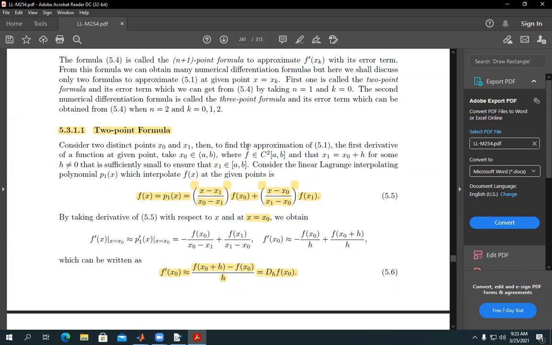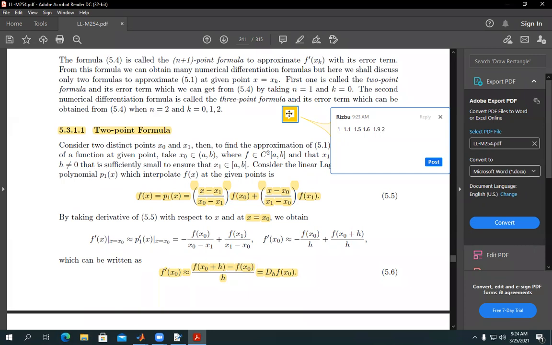For example, you are given the points 1, 1.1, 1.5, 1.6, 1.9, and 2. For example, this is given to you.